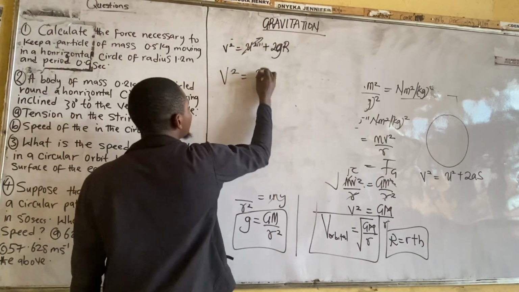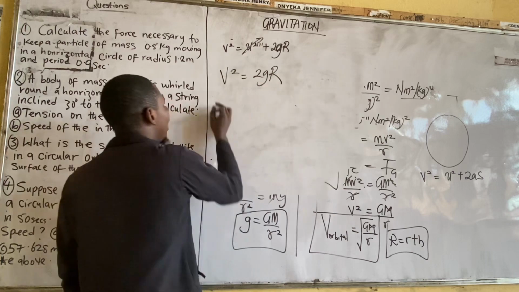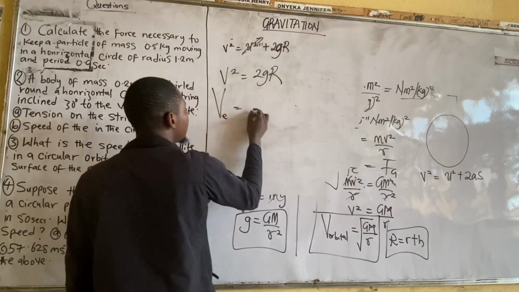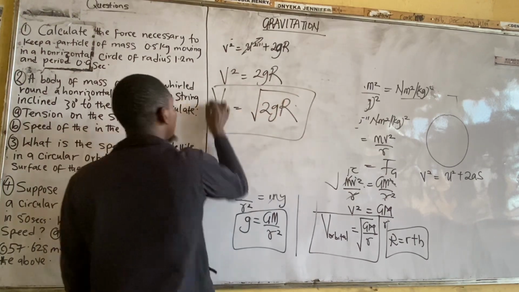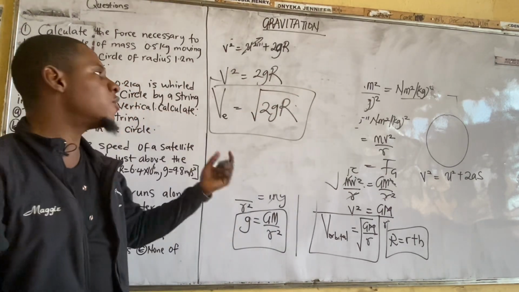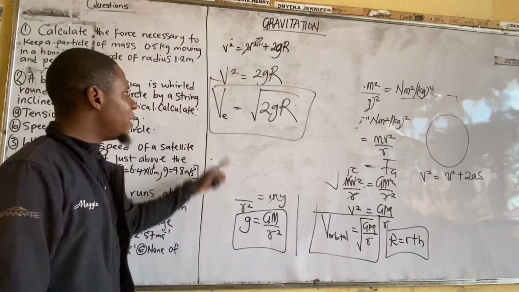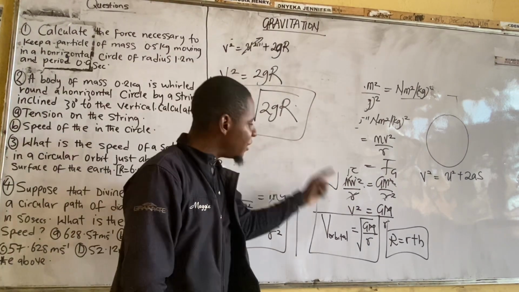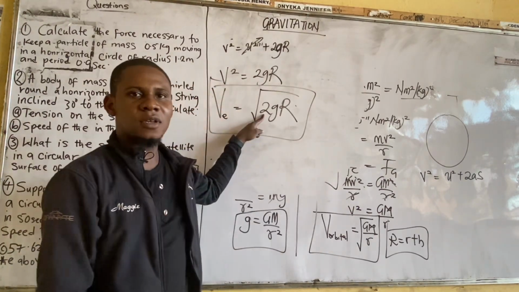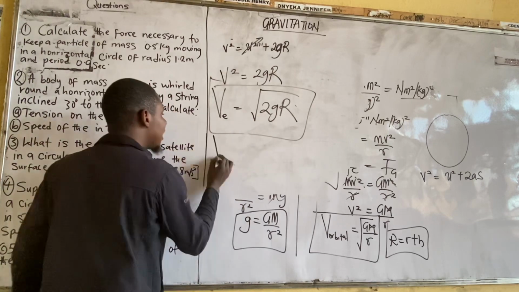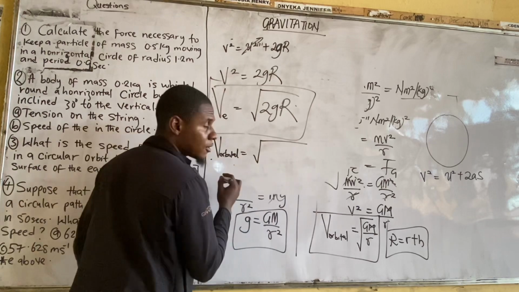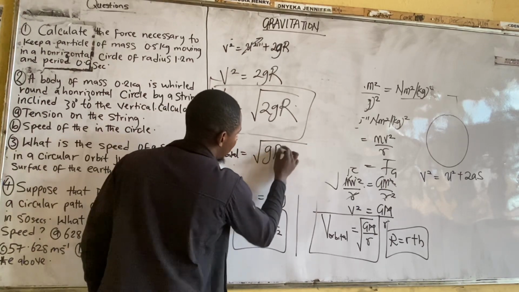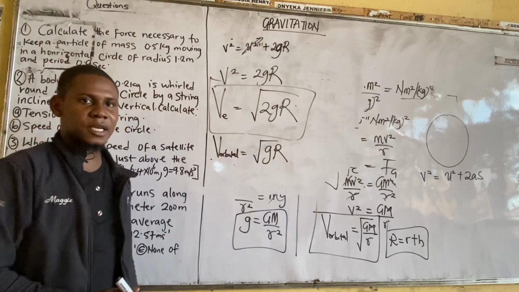So v squared becomes 2gR, and the escape velocity becomes the square root of 2gR. This is what we call escape velocity. I just want to tell you something: the difference between the escape velocity and orbital velocity is the constant 2 under the root. So the orbital velocity is also equal to the square root of gR. Please don't forget that.